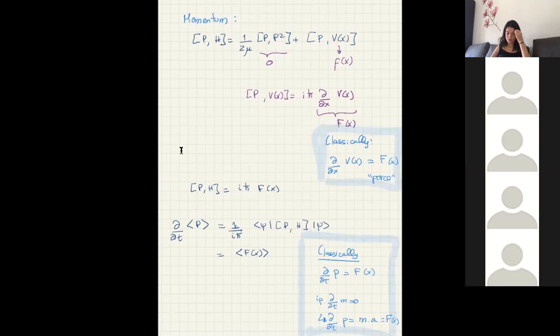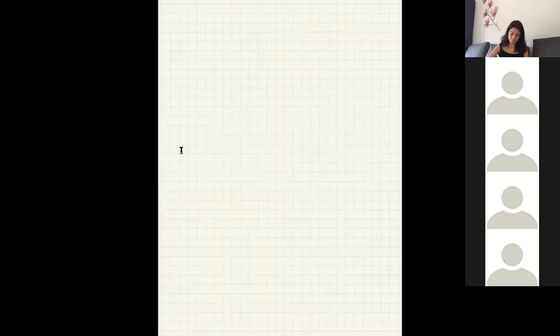Okay, so now we have two very important results, which together make the Ehrenfest theorem. And that is that the average variation of X goes with momentum. This should be a capital P, and that's a capital X, sorry.